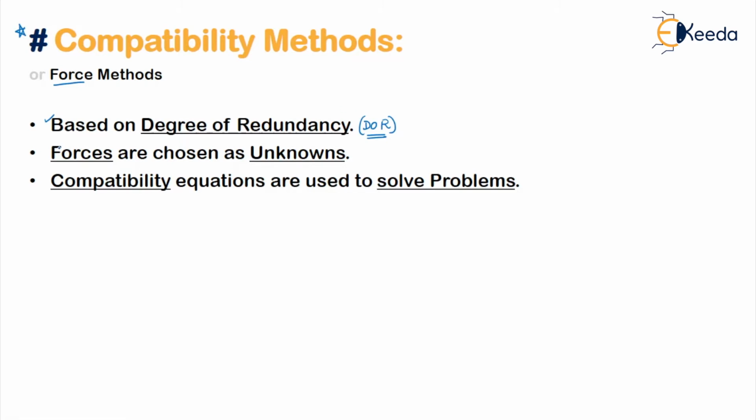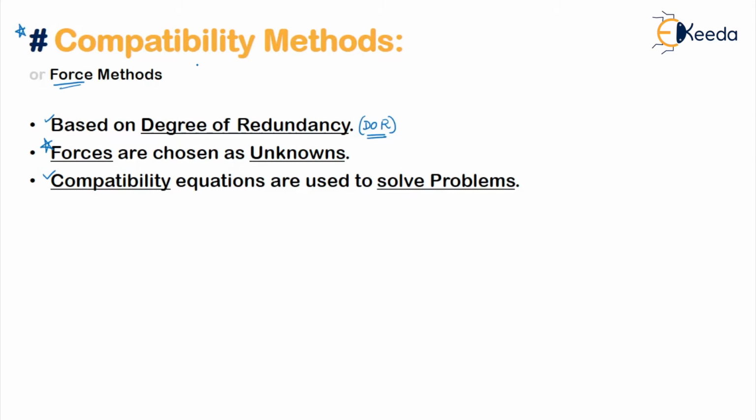Now, why is this called force method? The forces are chosen as unknowns in this compatibility method. In equilibrium method, displacements are chosen as unknowns, whereas in compatibility method, forces are chosen as unknowns. And in equilibrium method, we use equations of equilibrium to solve the problem, whereas in compatibility methods, we use compatibility equations to solve the problem. That's the reason for the name compatibility methods.